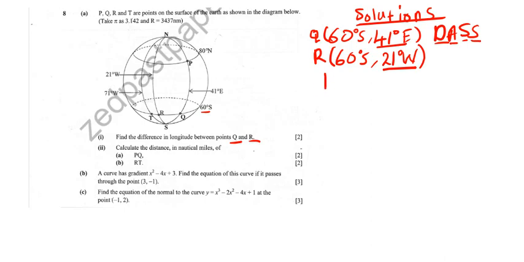So your difference will be equal to 41 degrees plus 21 degrees. You have a calculator, so you can use your calculator. The answer is 62. So you say 41 plus 21, which is 62 degrees. So that is your difference.